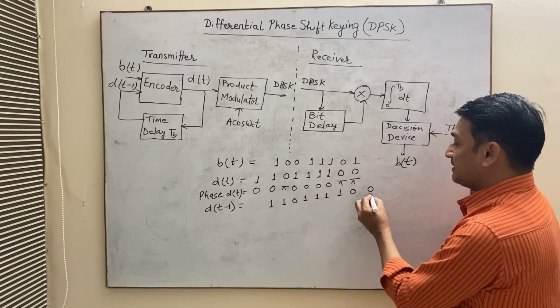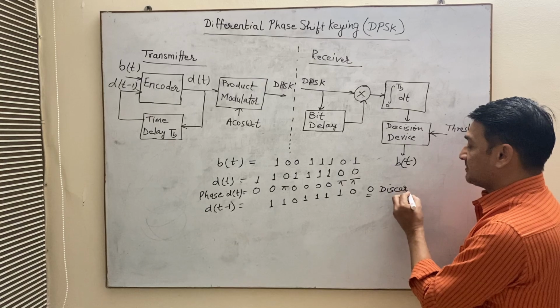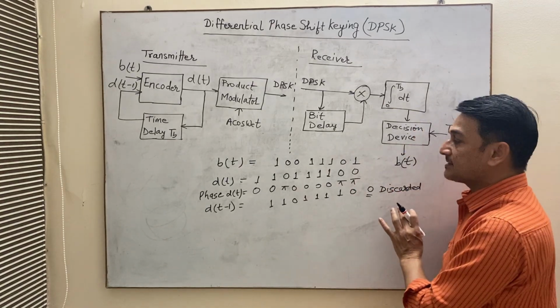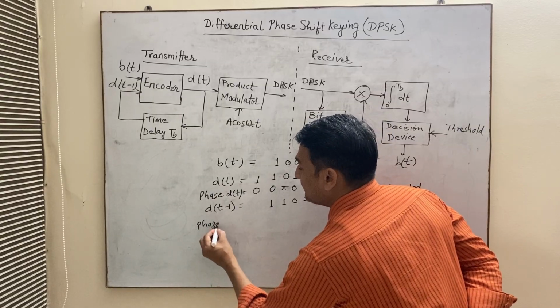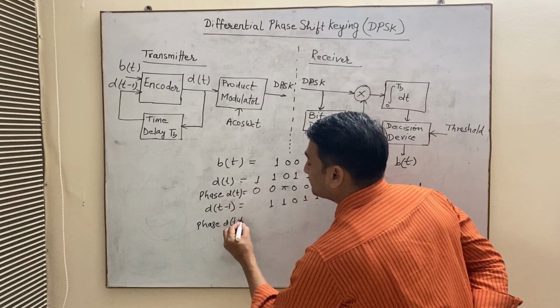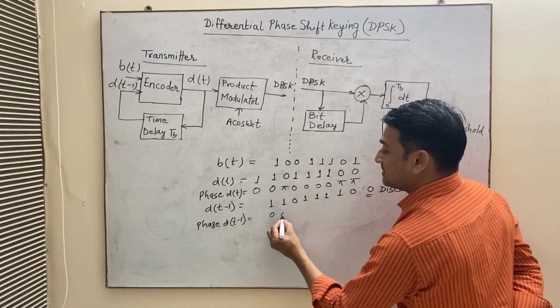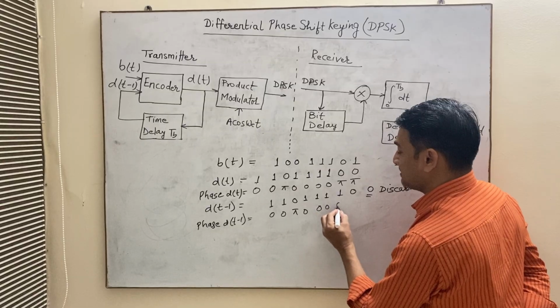Finally this last bit will be discarded, as we need only 8 bits. So this 9th bit will be discarded. In the same way, we now write the phase of dt minus 1: for bit 1 it is 0, for bit 0 it is pi, so 0 0 pi 0 0 0 0 and pi.